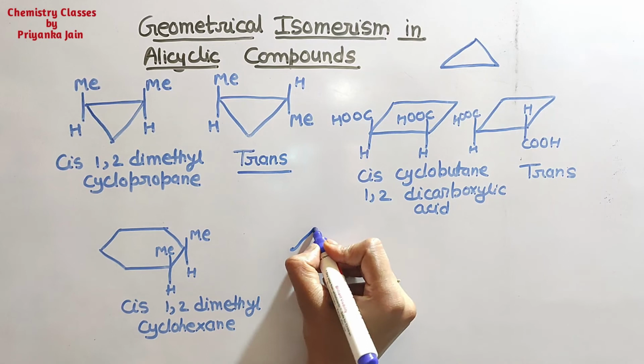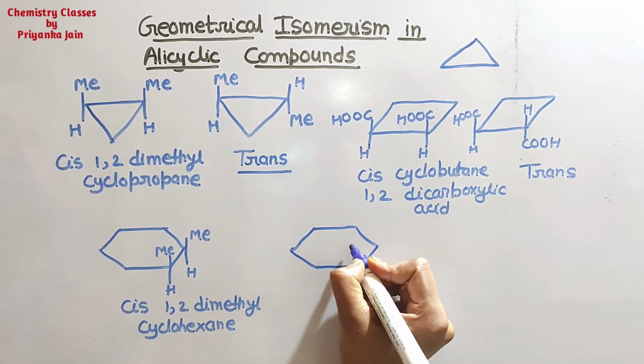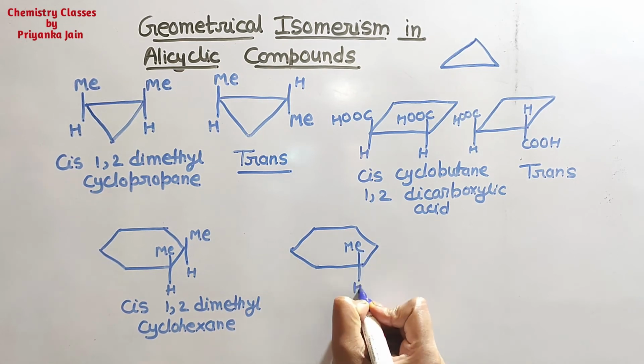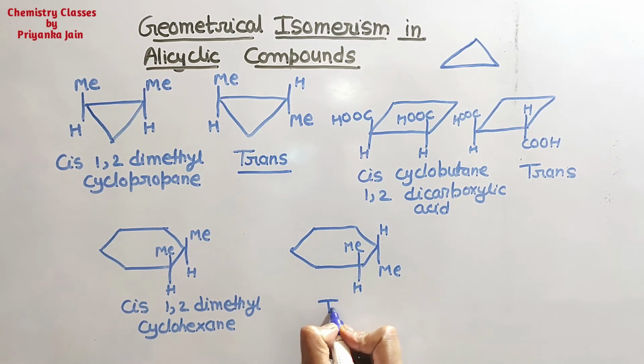And if these are present on the opposite side, then this is called the trans isomer, right?